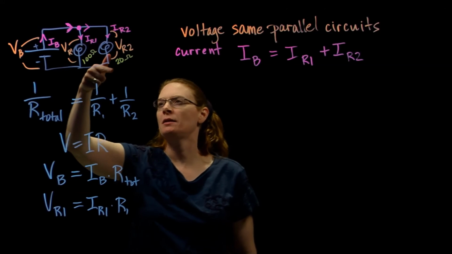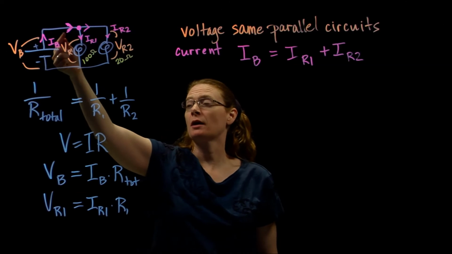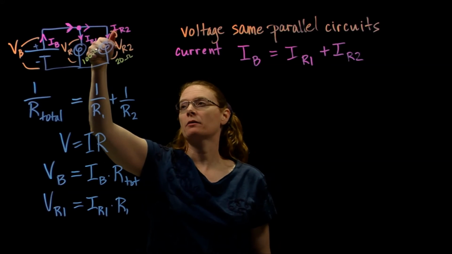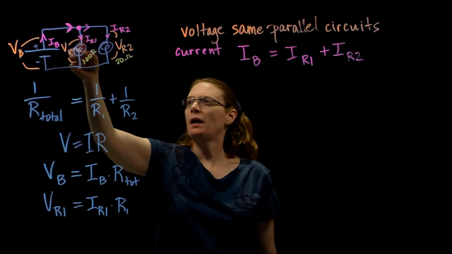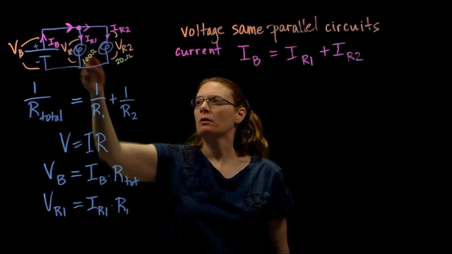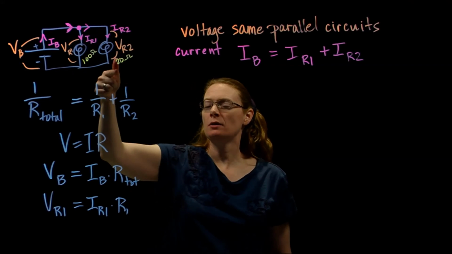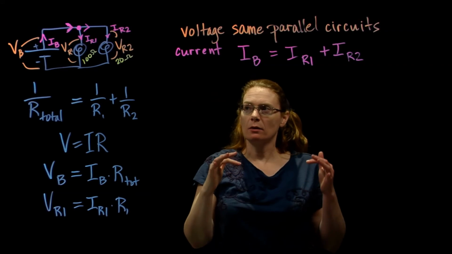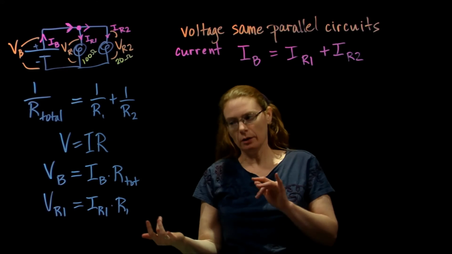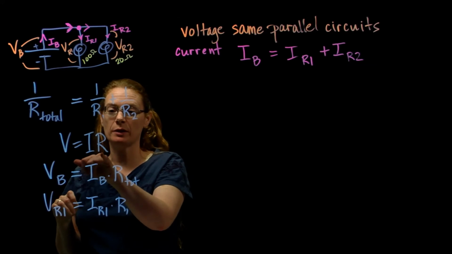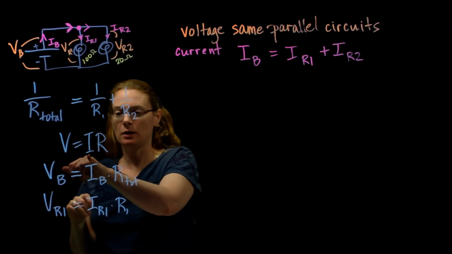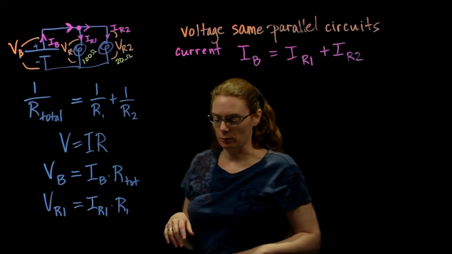This is a really easy path. Most of those charges are going to get shoved through the easier path. Not all of them. Some of them are still going to go through here, but there's going to be a lot more of the charge coming through the easier one. So less resistance, more current.